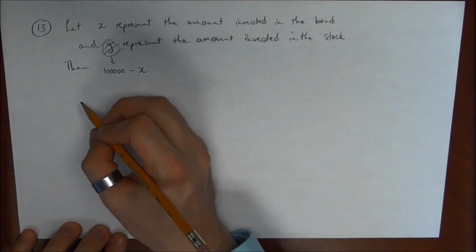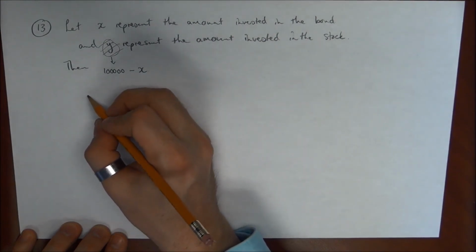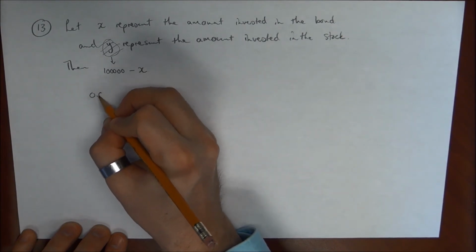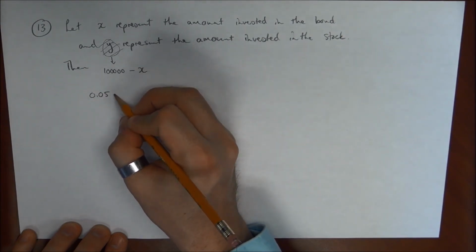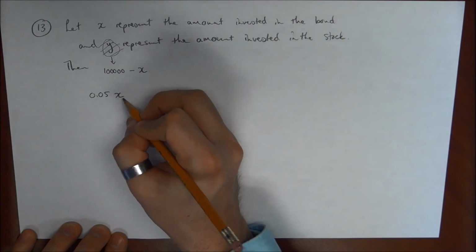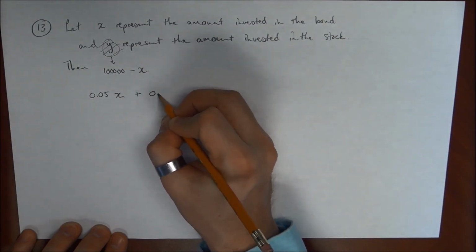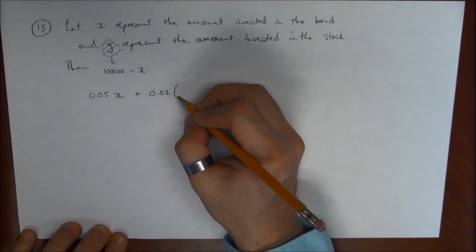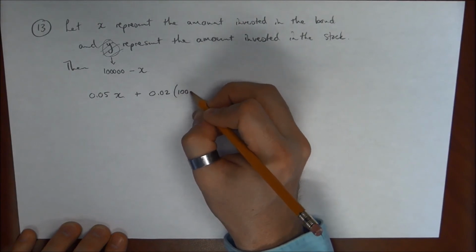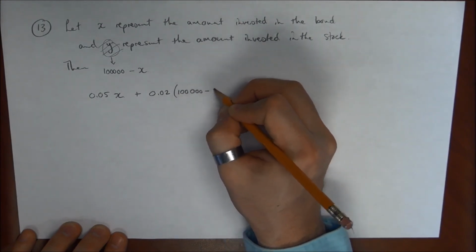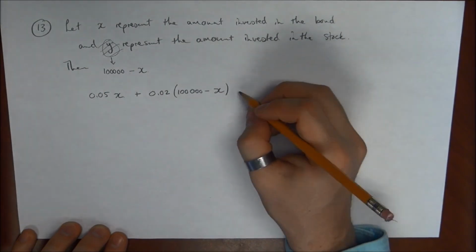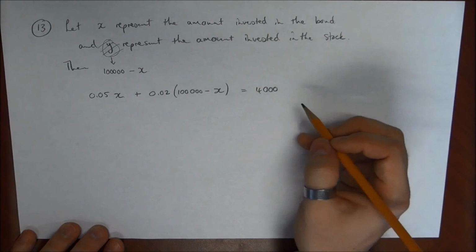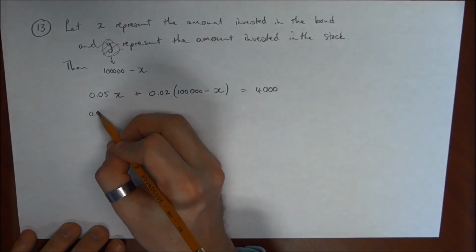The return should total 4,000, but it is 5% of the amount invested in the bonds plus 2% of the amount invested in the stock, which is now not y, but 100,000 minus x. I just want one variable ideally, and that should total 4,000. So there's my equation. Now let's simplify this.